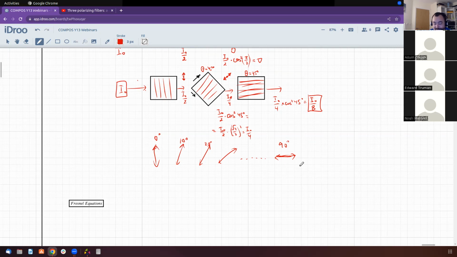And even if you do 90 consecutive filters, you have even more light coming through, which is absolutely crazy. How can you have 90 consecutive filters and have more light coming through than when you have just 3?